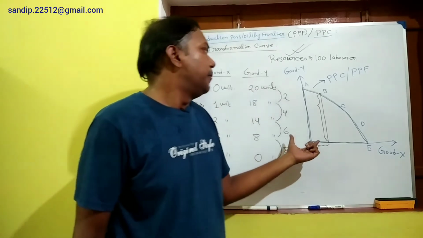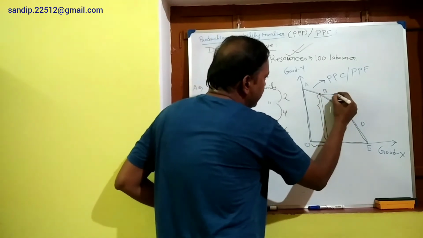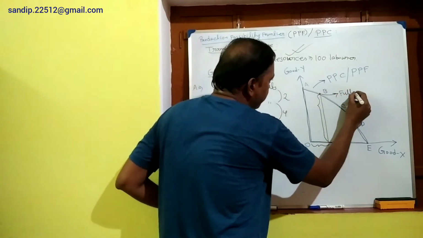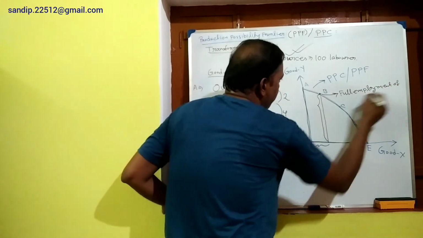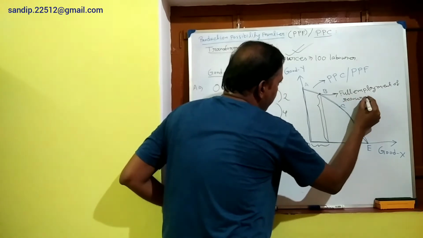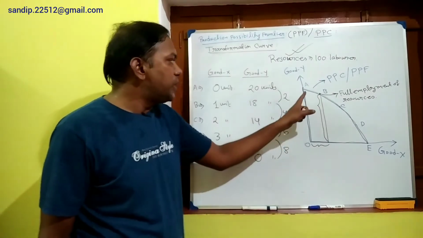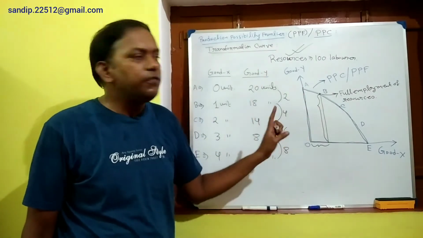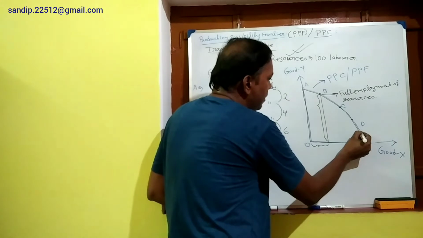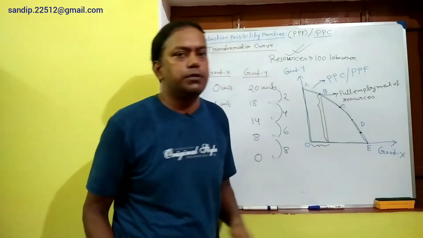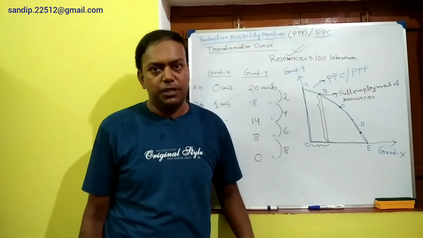So this point will always represent the full employment of resources, because if the producer produces at any point on the PPC, then that point implies full employment of resources, because here all the resources get utilized.